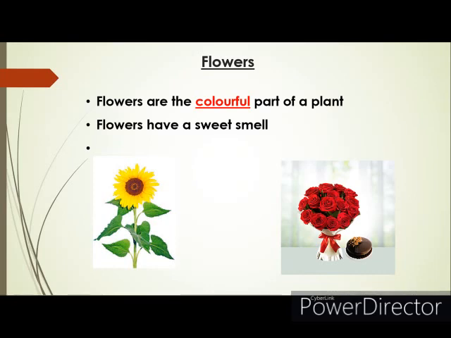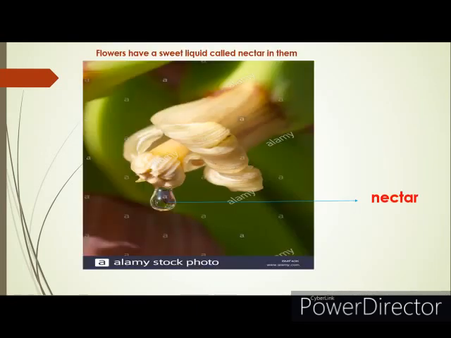Flowers have a sweet fragrance. Flowers have a sweet smell. Understand? And flowers produce a sweet liquid called nectar. Can you look at the picture? Can you see nectar? It is a sweet liquid.